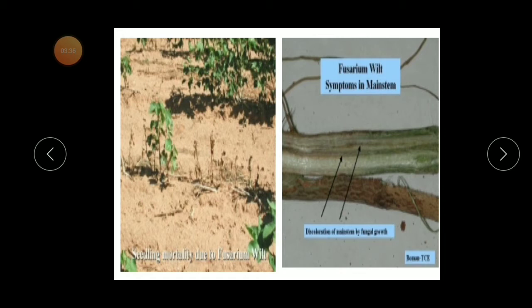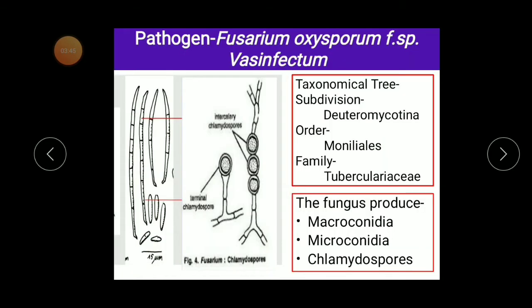Next is the pathogen, meaning etiology: how Fusarium oxysporum looks and how it appears on the plant. As in this image, you can see the pathogen of wilt. As per the taxonomical tree, this pathogen belongs to the subdivision Deuteromycotina, and the fungus produces macroconidia, microconidia and chlamydospores.